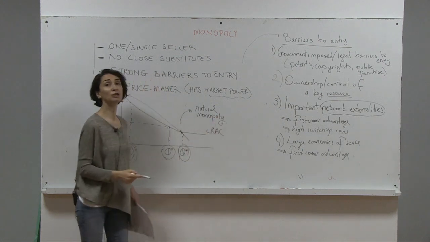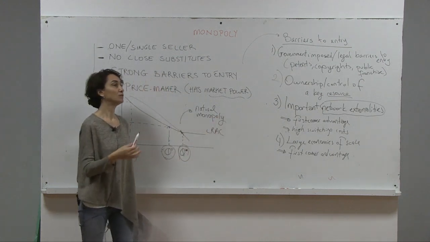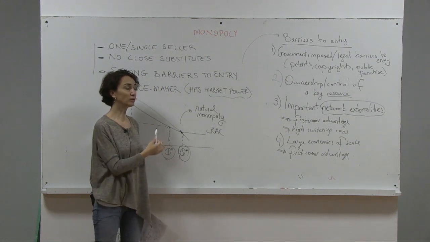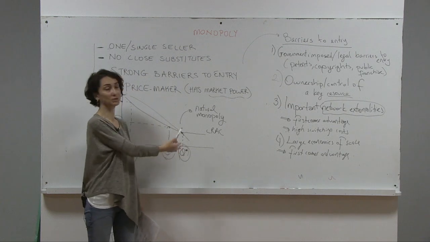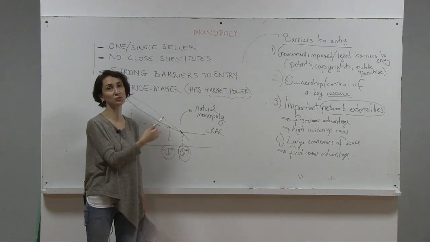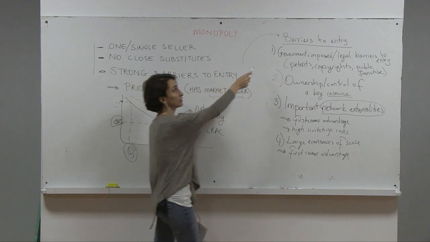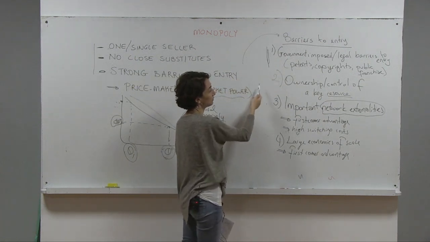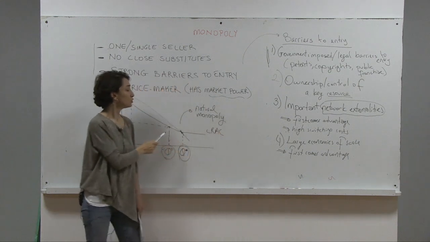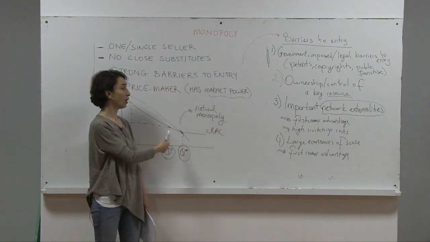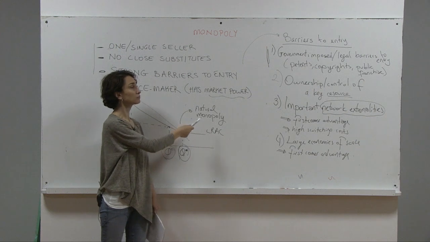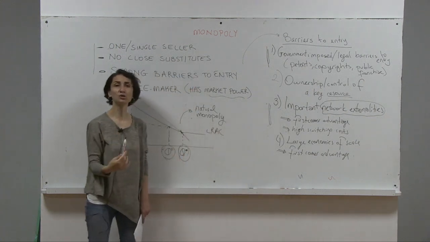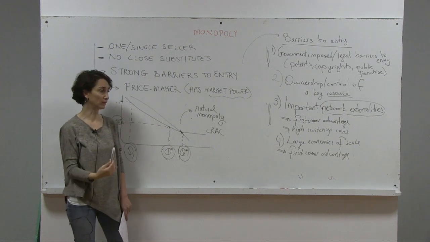Now, a natural monopoly arises from a natural reason, a reason that is not related to a legal barrier. There is no legal barrier, no ownership related barrier. It arises out of a natural reason. Network externalities are also natural reasons for a monopoly.